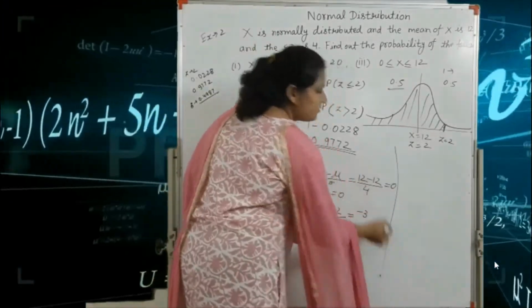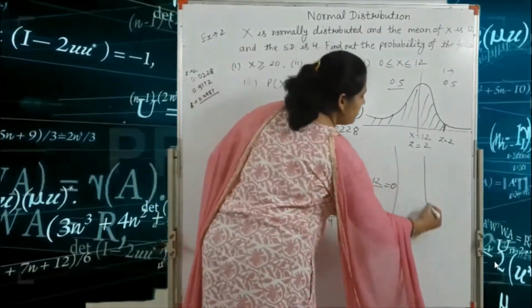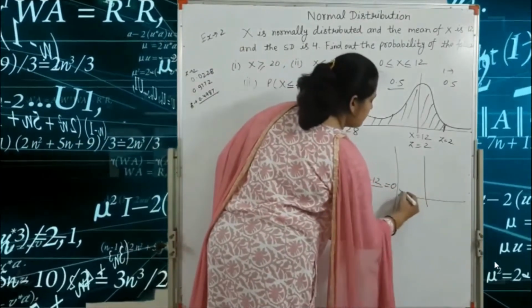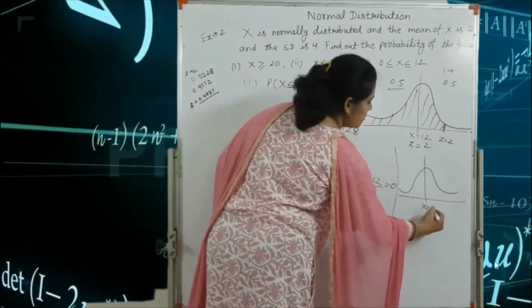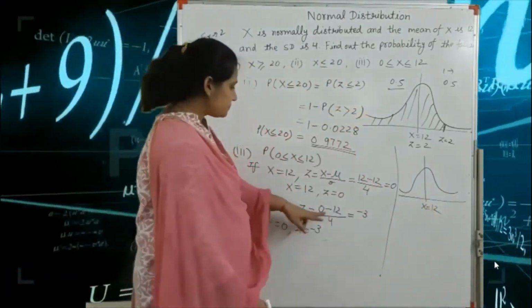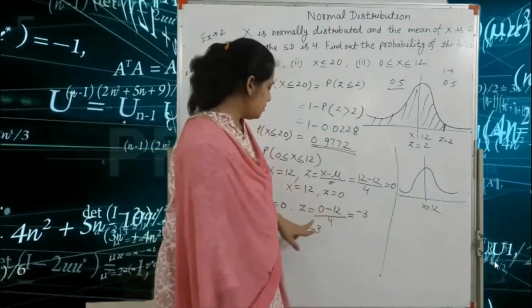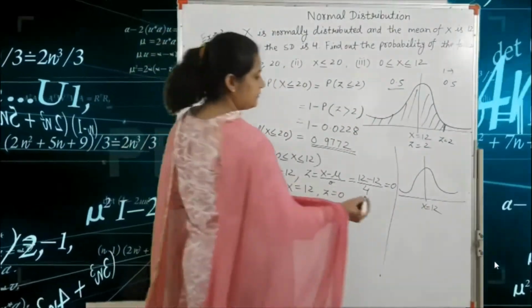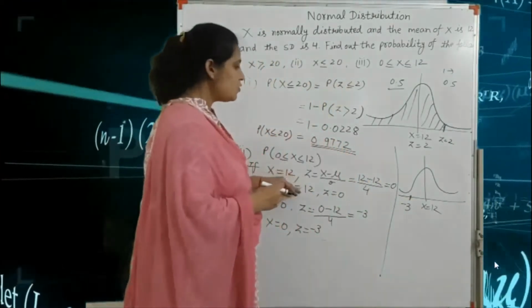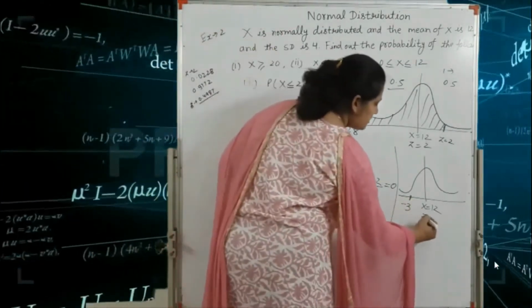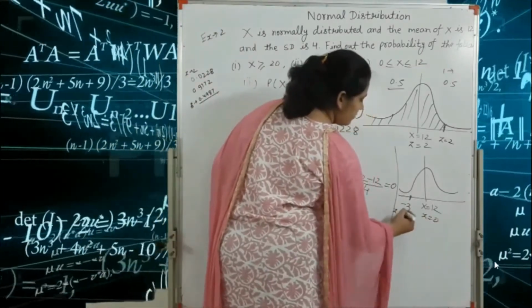First we draw the diagram. This is the bell-shaped diagram. This is the value of x is equal to 12, and we write the value of z is equal to minus 3. Here z is equal to 0 and z is equal to minus 3.